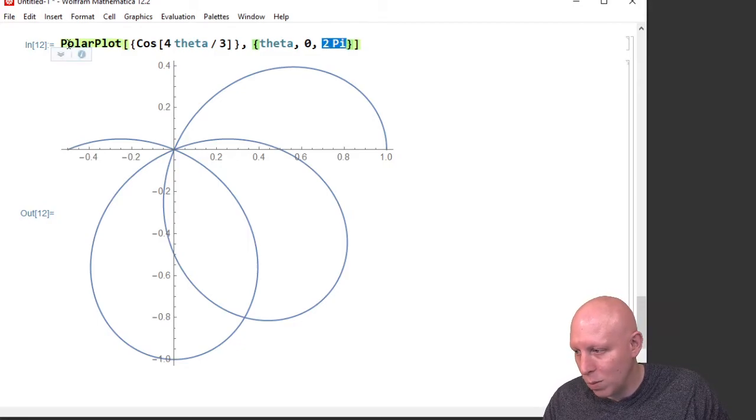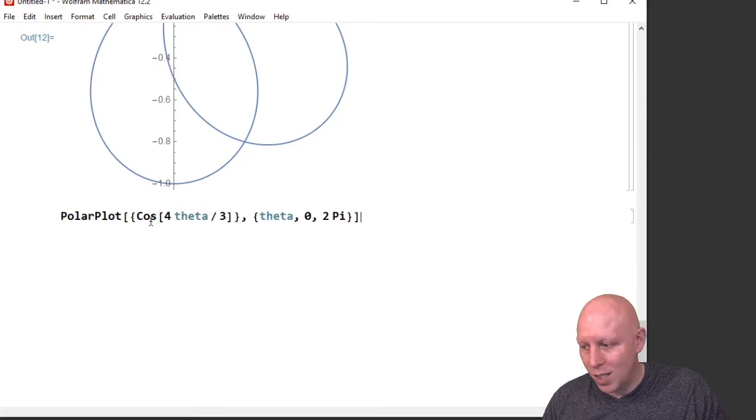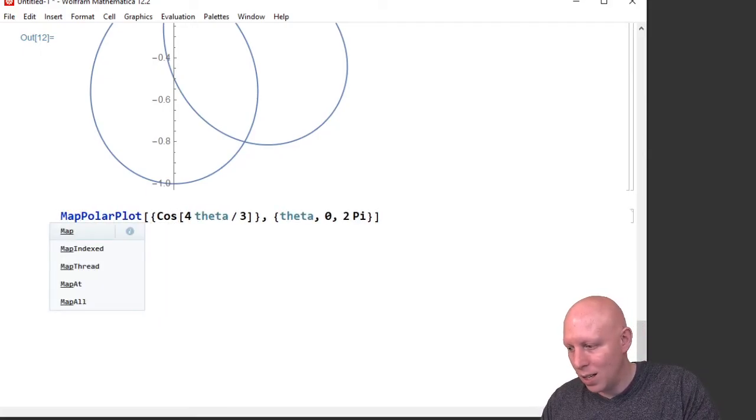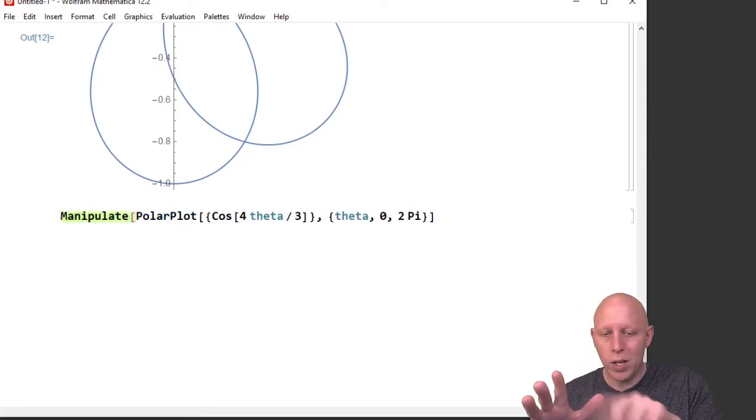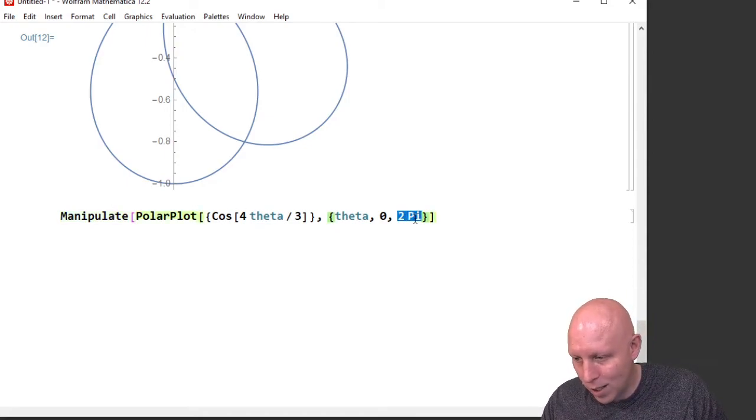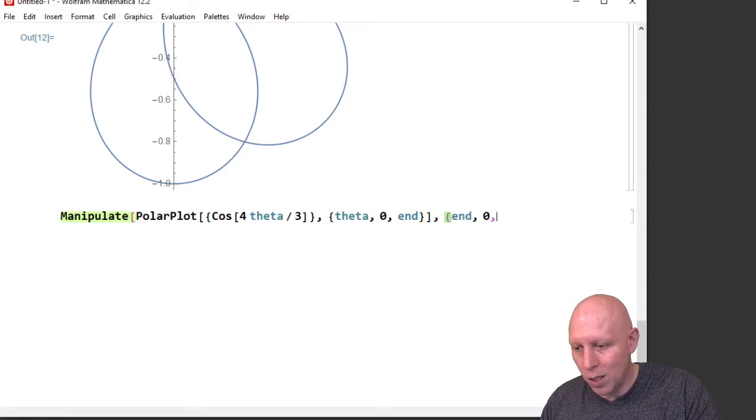So if we use a Manipulate command, we could just see what happens as we expand this value. So let's let this be the end, and we're going to manipulate where end goes from 0 up to 10 pi.